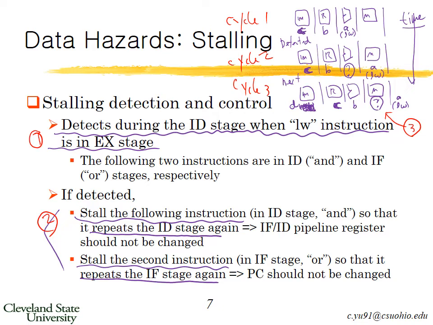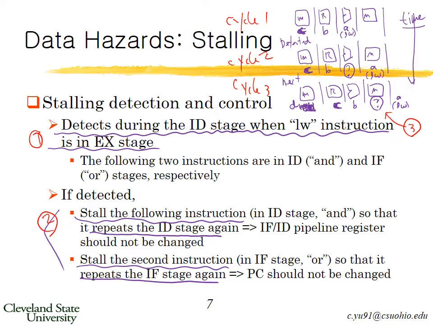On the other hand, the following instruction, instruction B, is not able to move on because of the data conflict. You have to wait until the data is actually available. So instruction B and correspondingly instruction C must stay in the current stage, which means that in cycle 1 and cycle 2, instructions B and C do not move ahead. They just stay in the same stage.